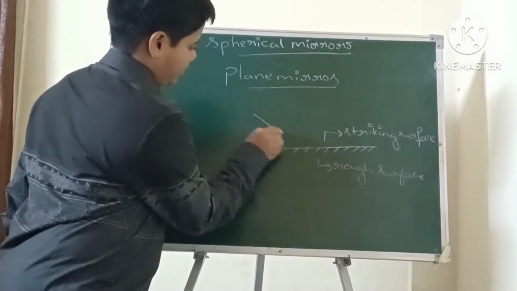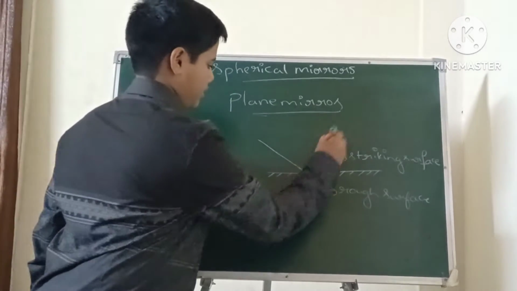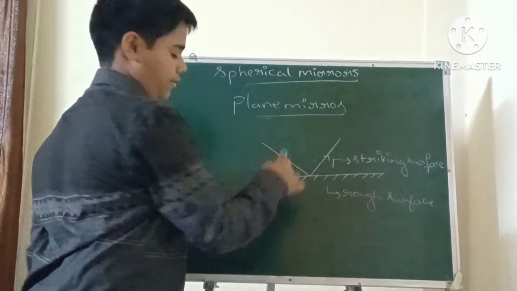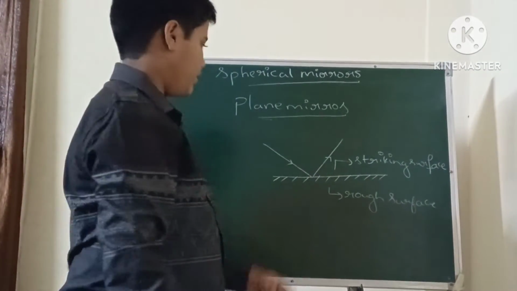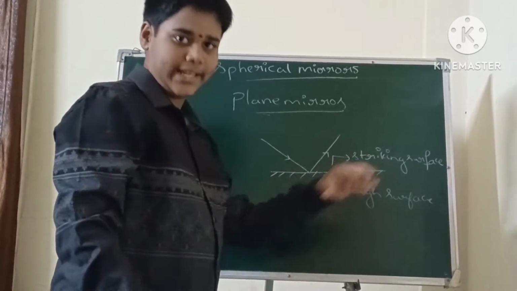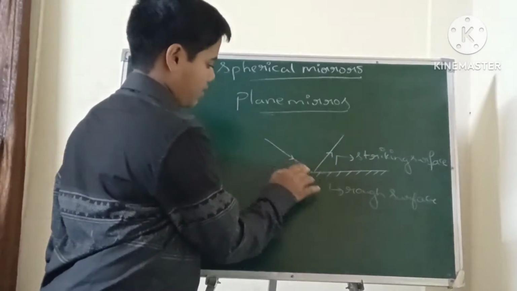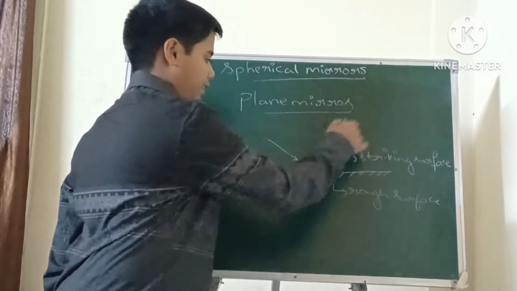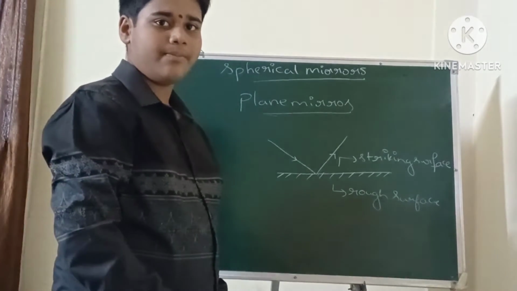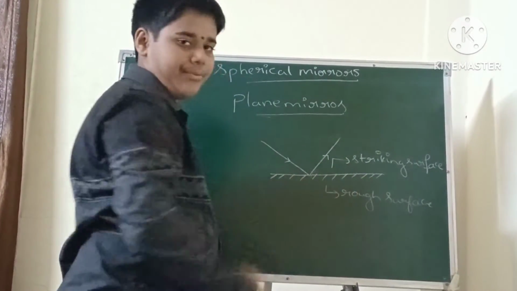When an incident ray falls on this, it can reflect. Plane mirror means it's a plane like mirror. When an incident ray falls on this, it gets reflected.